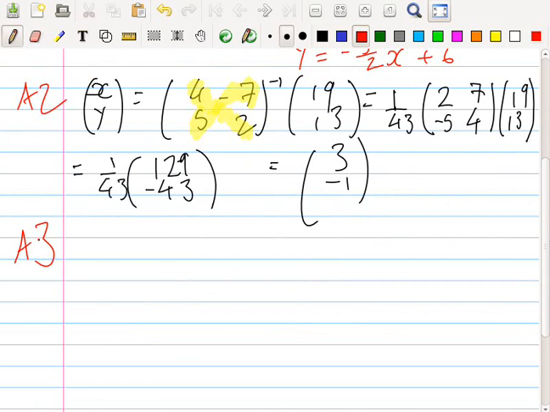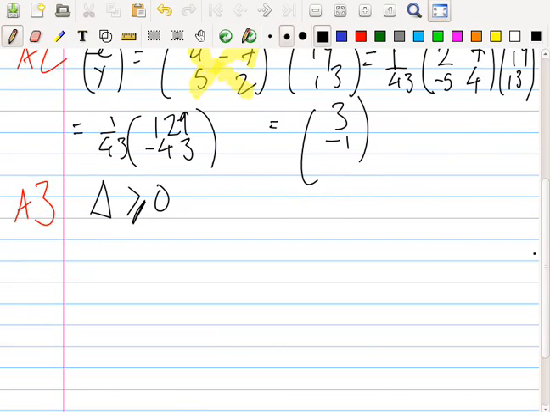Okay. A3. We want to know when it has real roots, so that means delta needs to be greater than 0. I really think that there should be greater than or equal to, but I think in the marking scheme it didn't have the equal. I don't know why. I said it should. Anyways, I'll do it with equals because I really feel like it should be there.